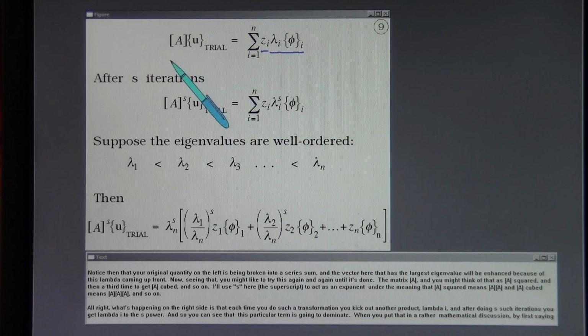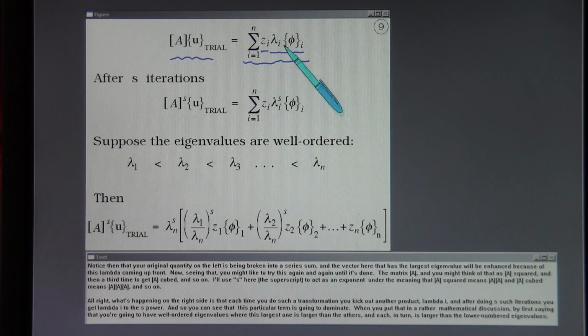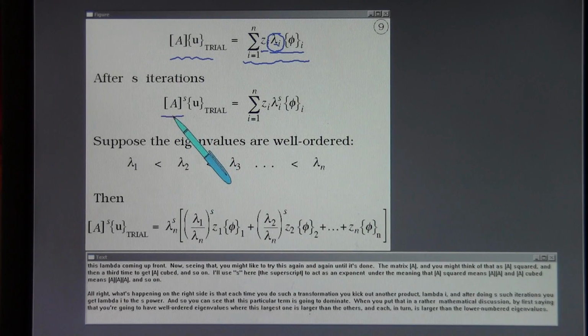Notice then that your original quantity on the left is being broken into a series sum, and that the vector here that has the largest eigenvalue will be enhanced because of this lambda coming out front. Now, seeing that, you might like to try this again and again, and that's what's done. The matrix A might be applied a second time. You might think of that as A squared, and then a third time to get A cubed, and so on.